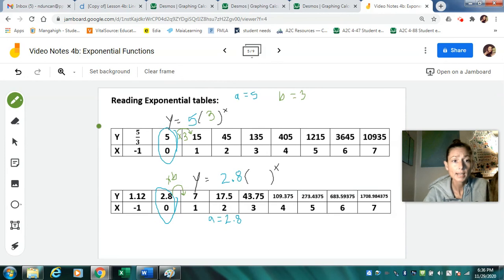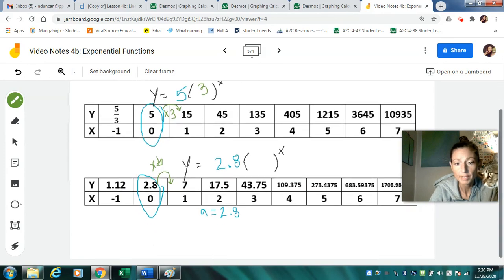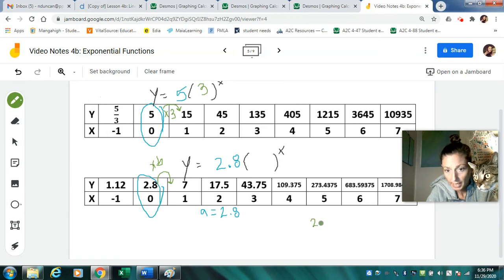Then I can write that out as an equation and solve it. So I know 2.8 times the b value gets us to 7. Then I can divide both sides by 2.8.